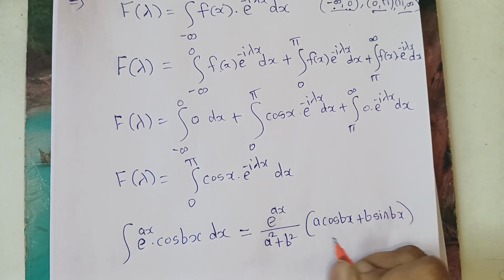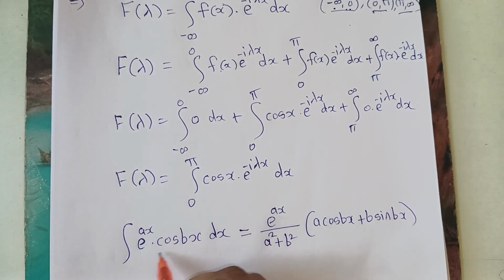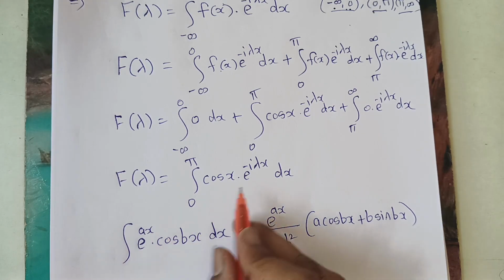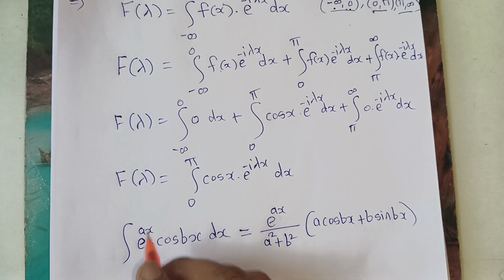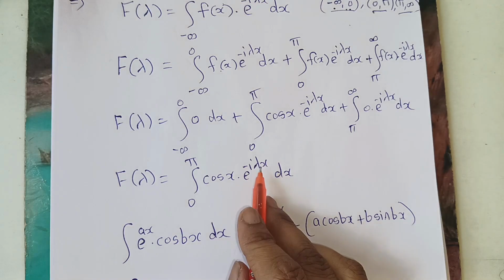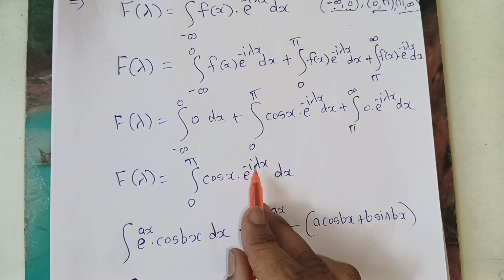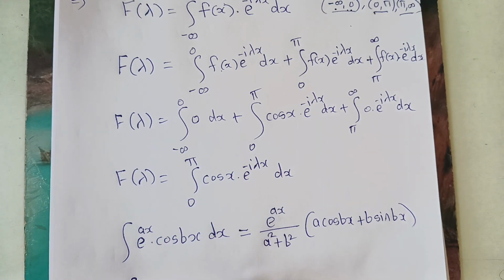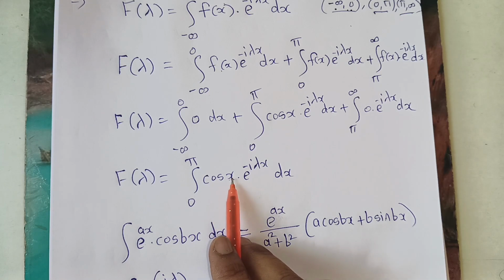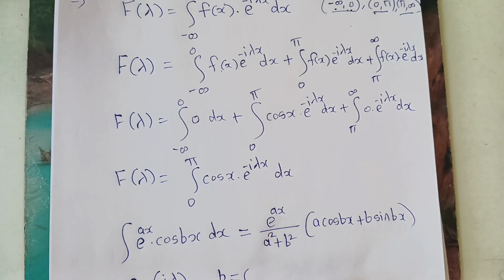This is the formula we have to use. Compare this integration with that one and you will get the values of a and b. a is the multiple of x in the index, so it is equal to minus i lambda. b is the multiple of x in the angle of cos, so it is 1.